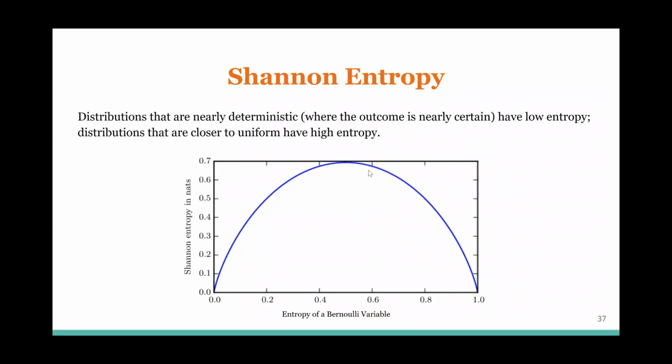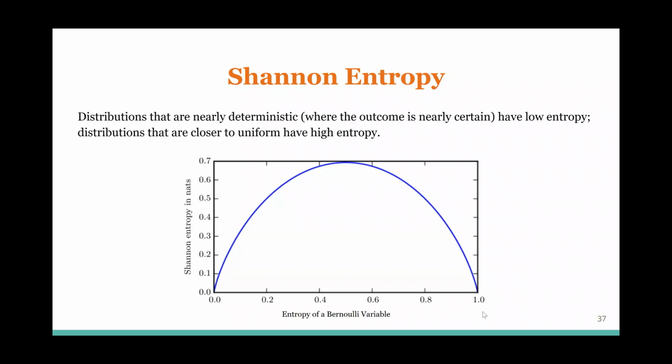So an example of Shannon entropy is given here for a Bernoulli variable. They say that over here, when the probability is 0, the entropy is also 0. The distribution is nearly deterministic at this point, and that's why the entropy is low.